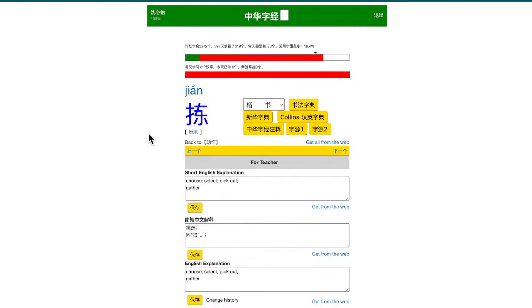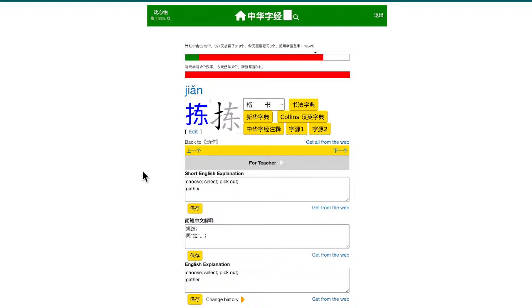Next one, 捡. Now this 捡 means choose, select, pick out. Basically you compare things among other things and pick out what you want, what you like.